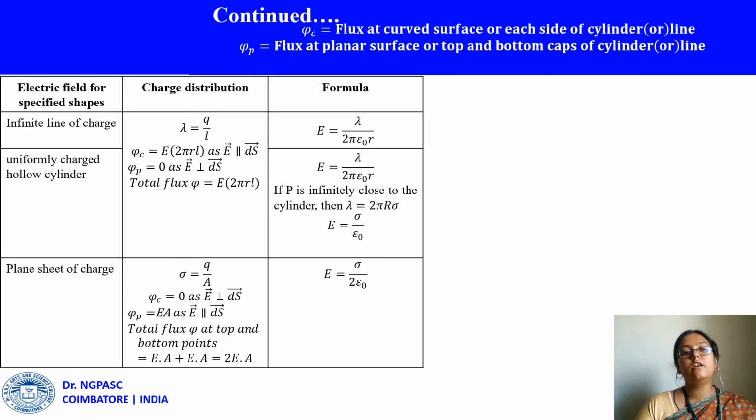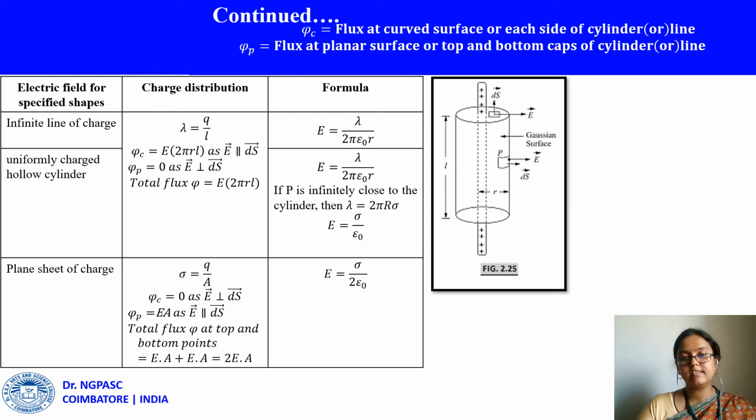Next, for an infinite line of charge, something interesting is there. So this is the line of charge which is given. Here I am taking the line of charge to be completely positive. As it is positive, the electric field from this line of charge will be either on the left side or on the right side.